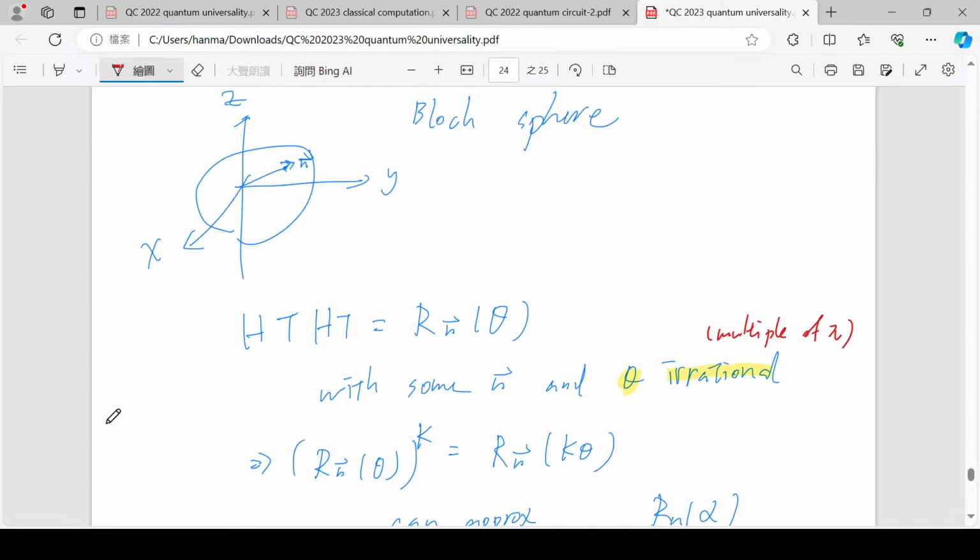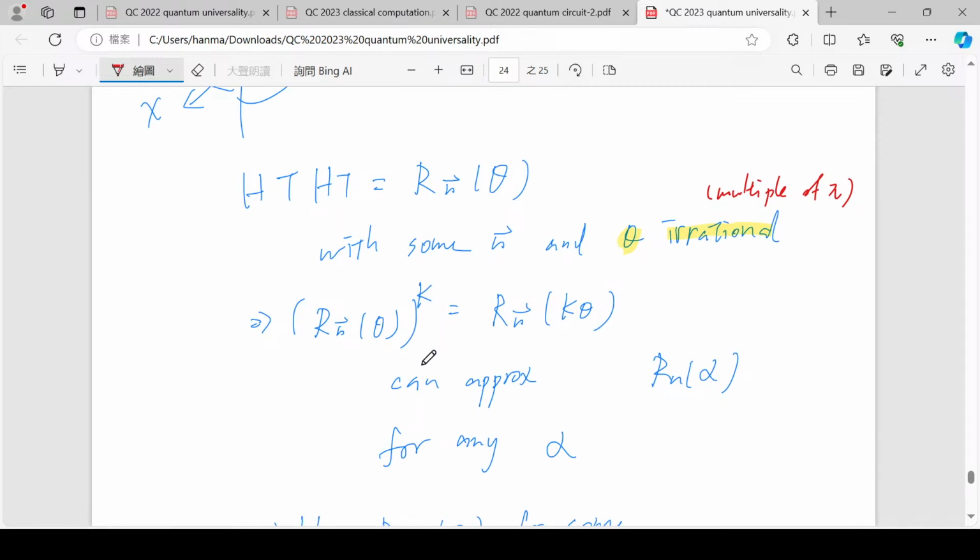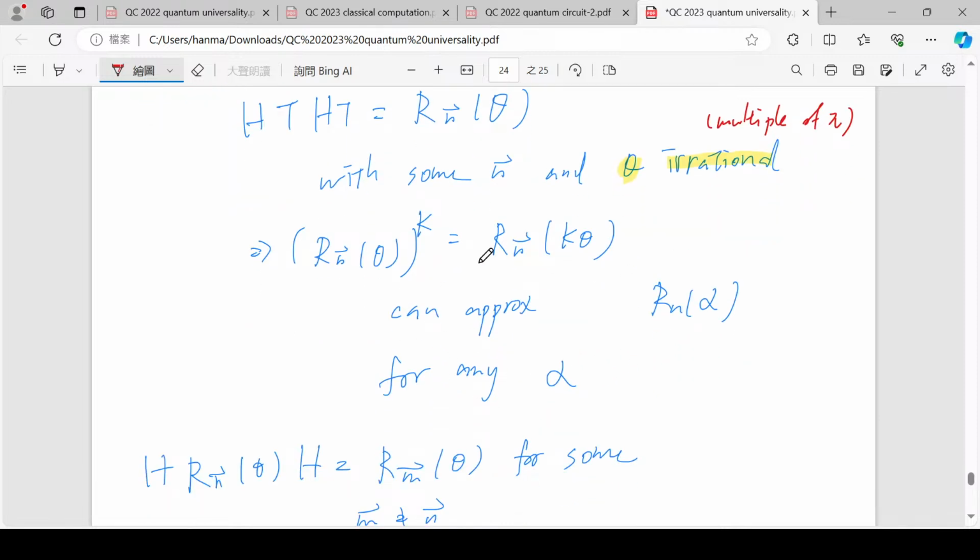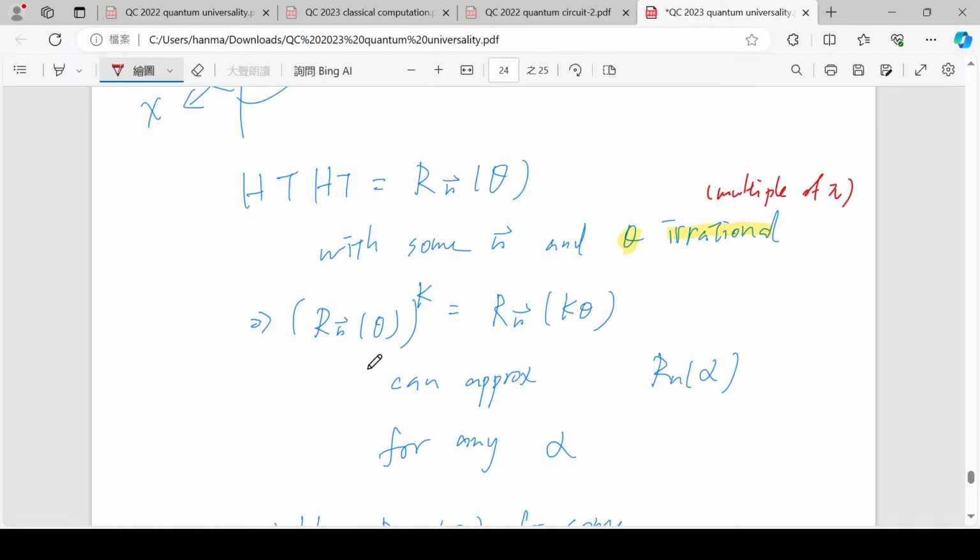This means that you just keep doing this HT many times, and this is something hopefully you learned in calculus. If you do this HT an arbitrary number of times, it's actually dense in the whole circle from 0 to 2 pi. It's a rotation, so this angle is between 0 and 2 pi. By rotating repeatedly, since it's irrational, you never go back to itself, and you will densely populate the values between 0 and 2 pi.